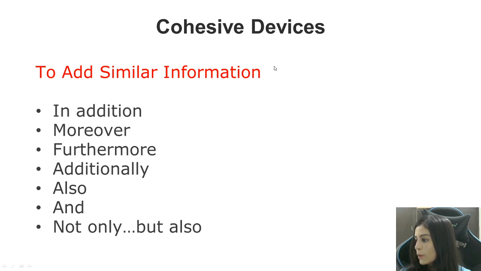"However," perfectly fine. Anu, your example is perfectly correct. "In contrast." Okay, "on the other"—it's not "on the another hand," it's "on the other hand." Okay, "however," "nevertheless," "although," "despite," "instead of," "on the contrary." Vanita, good, but you have to write "on the contrary."